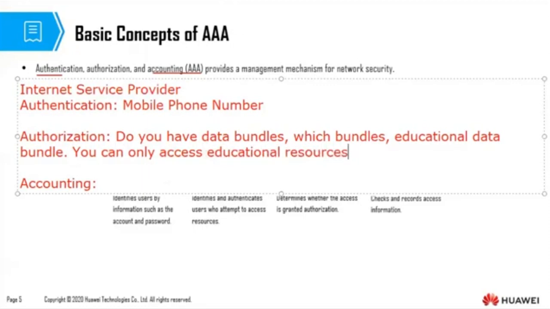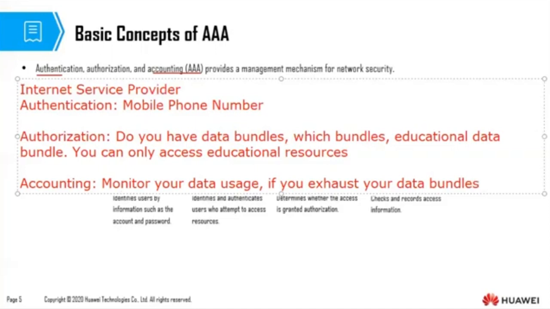Are you getting the point? So that is what we call authorization. Then accounting will monitor your data usage. If you, for example, exhaust your data bundles, then you are disconnected. So that is the work of accounting.